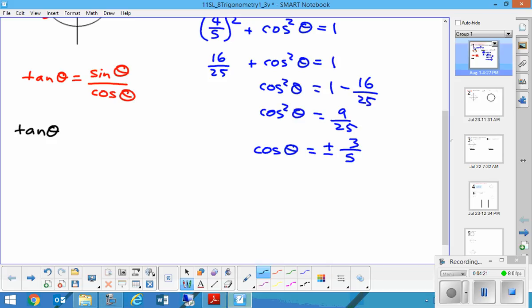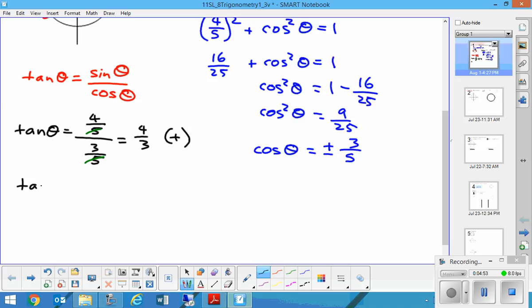So tan theta, in the first case where we've got 4/5 as our sine, our y ratio, let's take our positive 3 over 5. And if you've got a fraction like that, remember you can cancel because they're both divided by 5. So we get 4 over 3. So tan theta will either be 4 over 3, so that's your positive gradient.